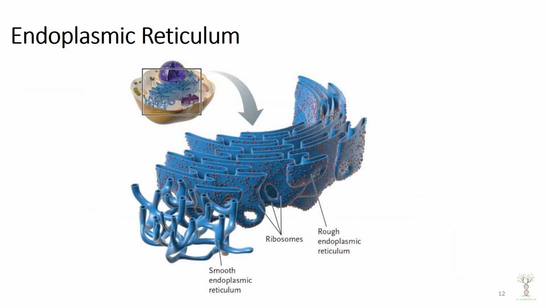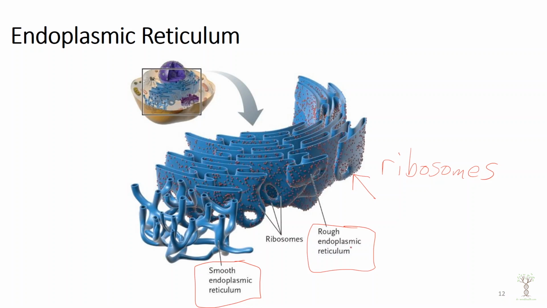Next we have endoplasmic reticulum, and there are two kinds. We have rough and smooth. They have two major functions. So first of all, notice here that the rough endoplasmic reticulum has dots all over it. Those dots are ribosomes. What do ribosomes do?